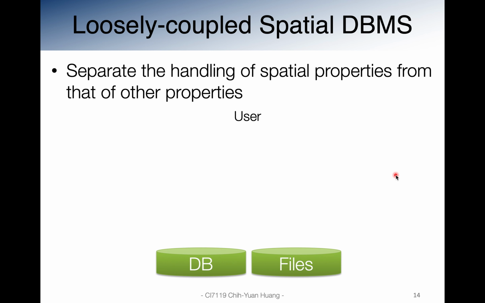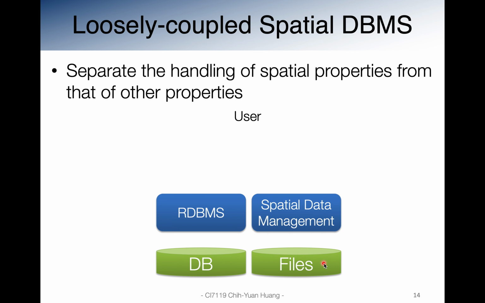And the second way to support the spatial database management system is the loosely coupled solution. Inside the system, we have the database and also the files. The database is used to support the RDBMS, the Relational Database Management System, and the files are used to support the spatial data management.